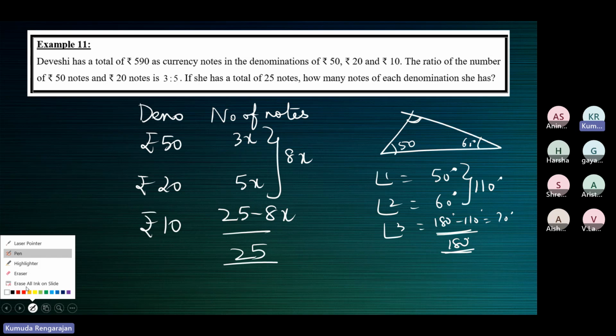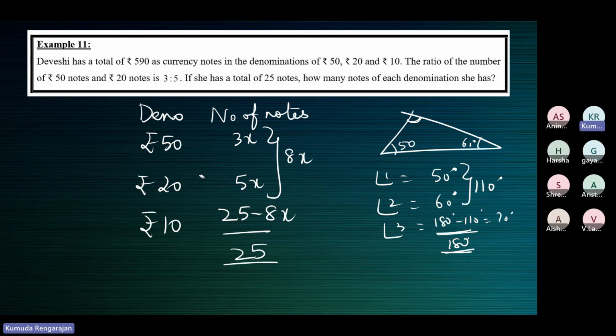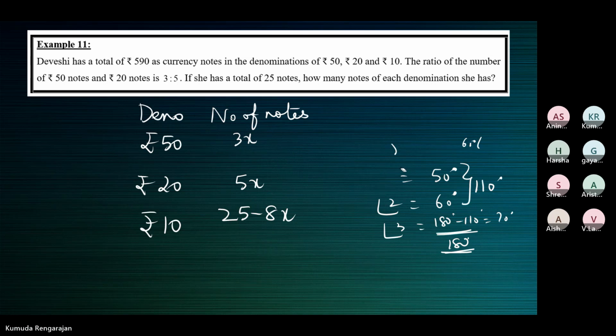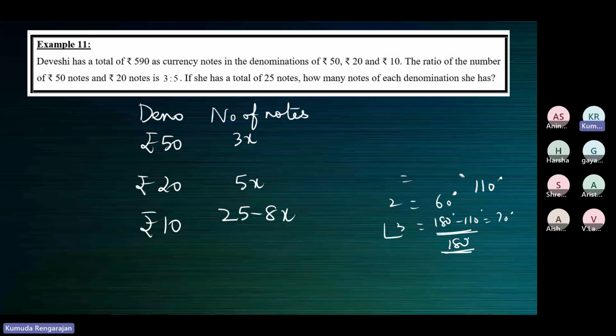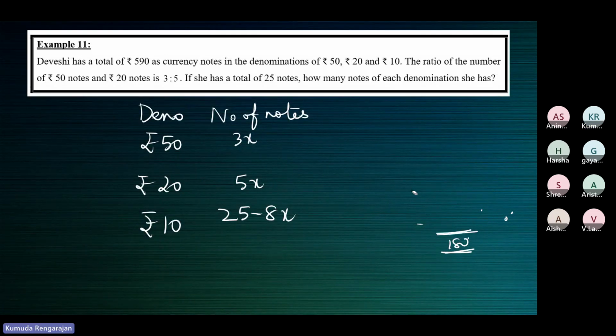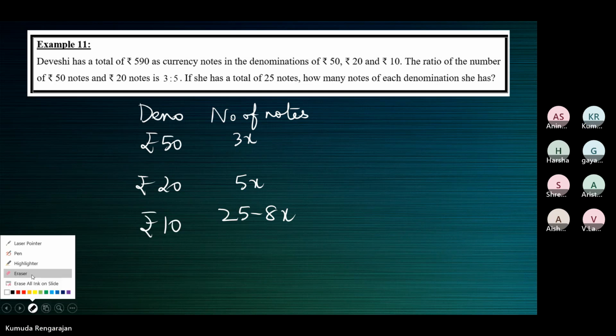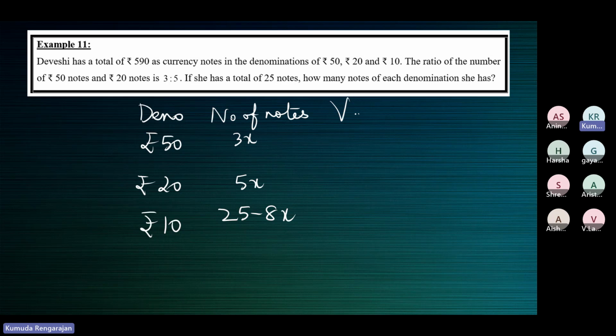Now coming to the value of money. 50 rupee notes, 3x. So the value of money will be 50 into 3x, which is 150x.